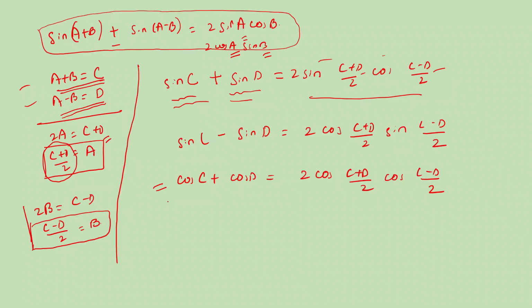Alright, and finally cos C minus cos D is 2 sine D plus C by 2 sine D minus C by 2. Remember that we are doing D minus C over here. It's because of the fact that there is some problem with that A and B, right?